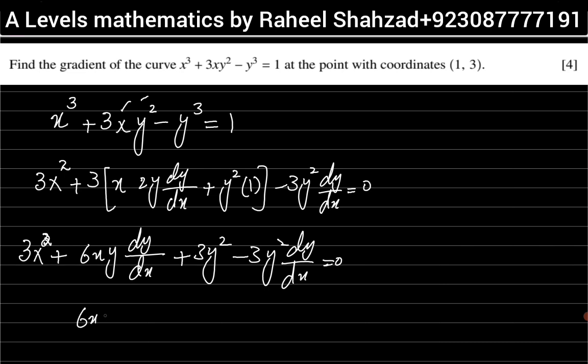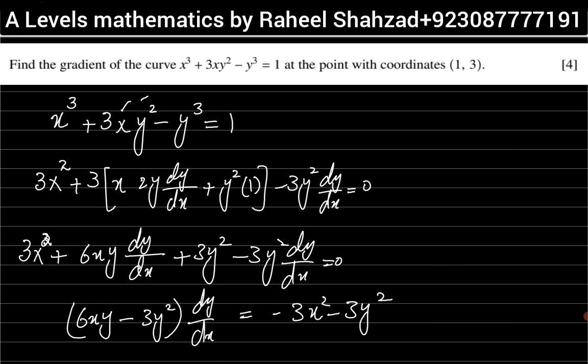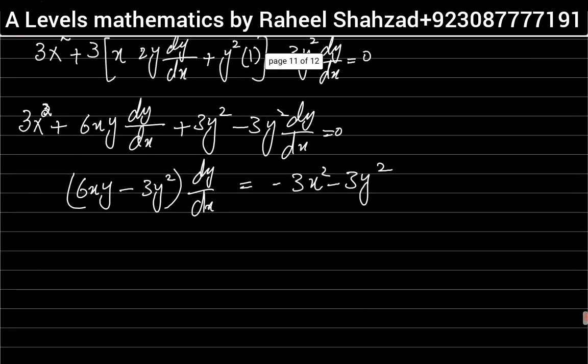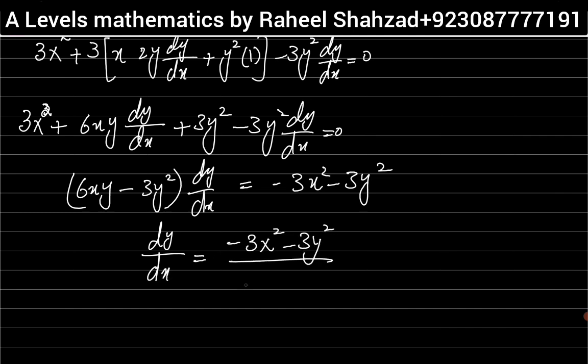So we have (6xy − 3y²) dy/dx is equal to −3x² − 3y², and this is dy/dx is equal to (−3x² − 3y²) divided by (6xy − 3y²).